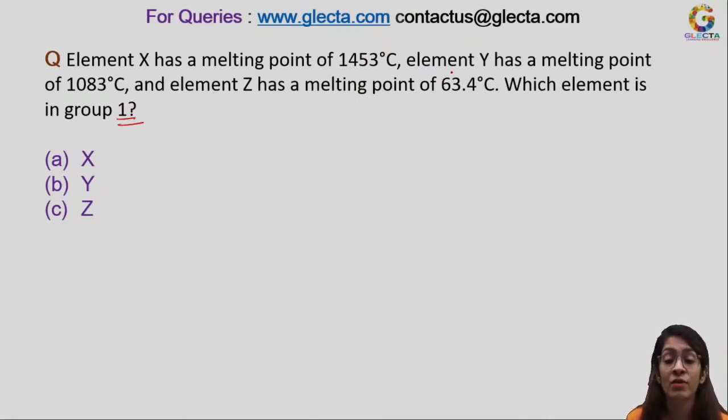So group 1 metals have a very low melting point. That means element Z would be placed in group 1 of the periodic table.